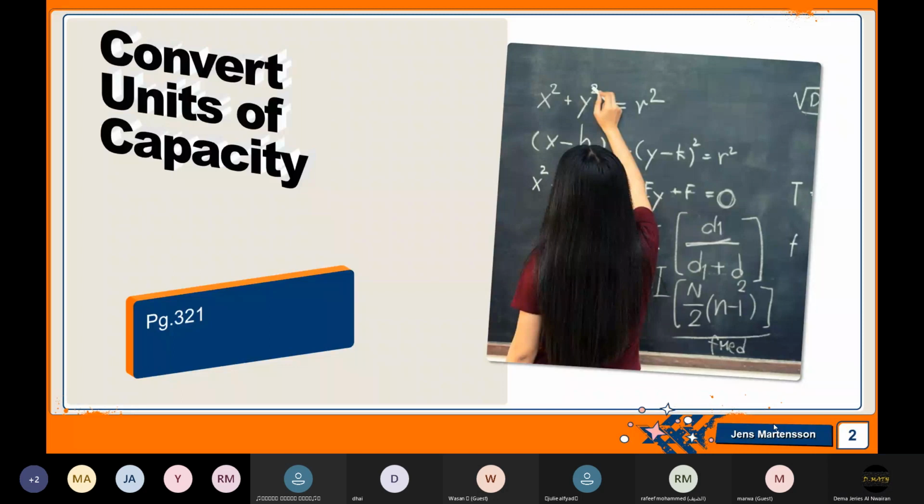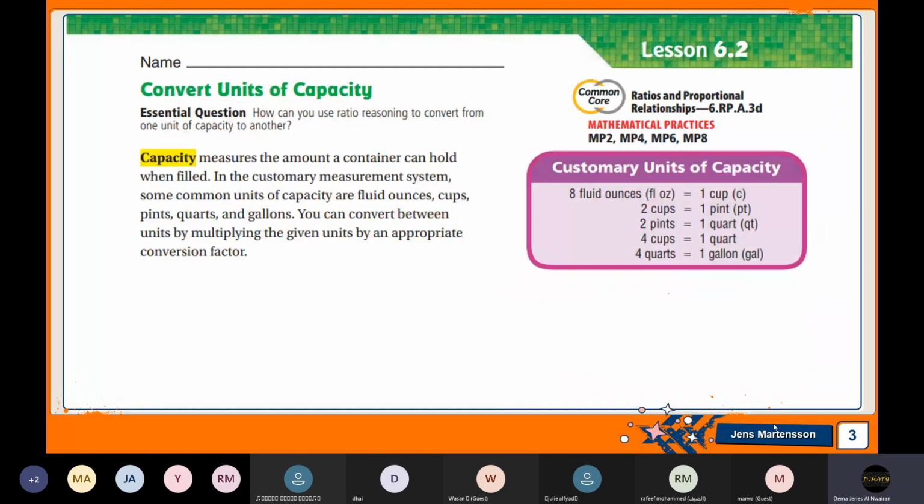Today we are going to talk about how to convert the units of capacity. But before talking about the units, let's remind ourselves what we mean by capacity. Capacity measures the amount a container can hold when filled.